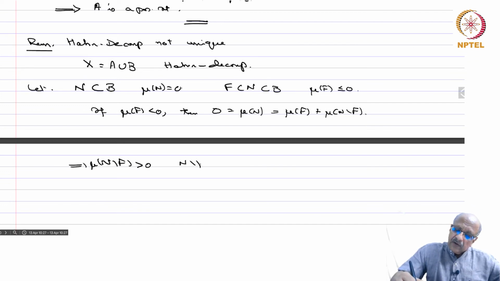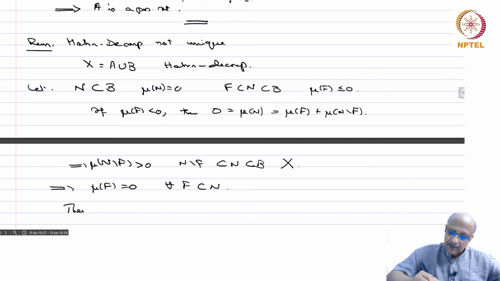But N minus F is contained in N, contained in B, and that is a contradiction, so it's not possible. Therefore mu of F is equal to 0 for all F contained in N.